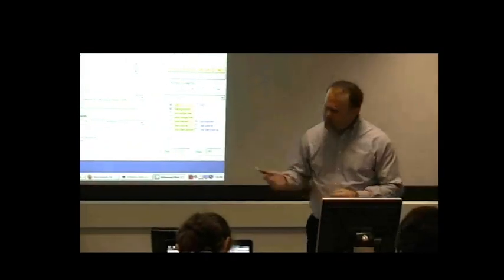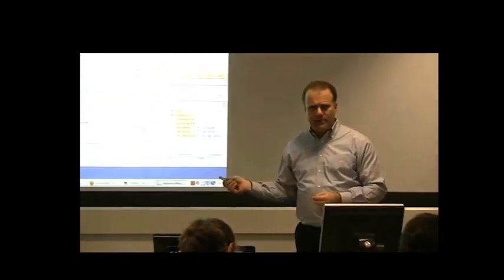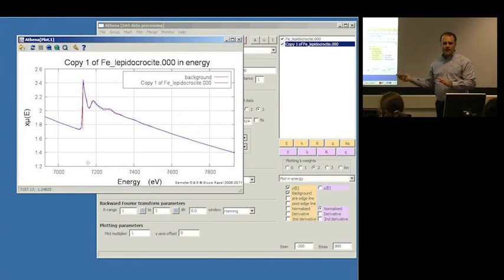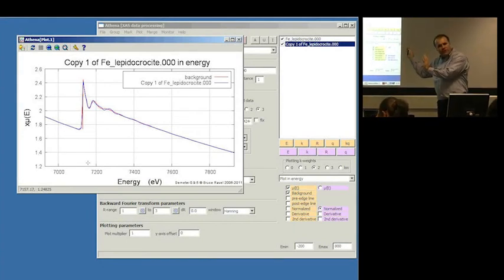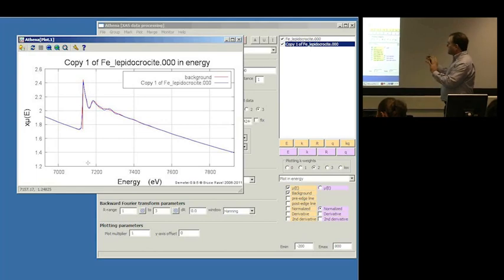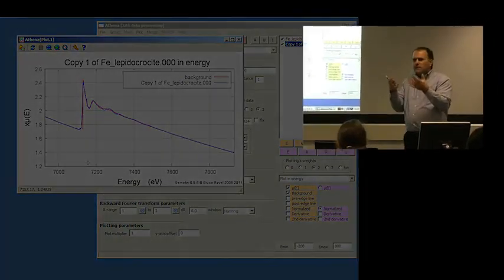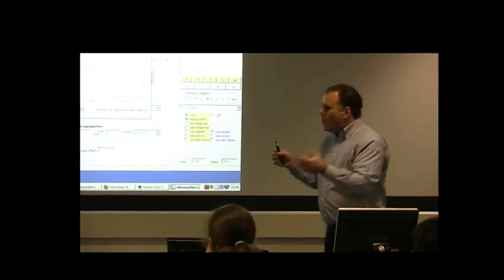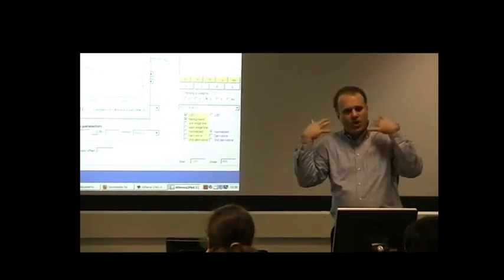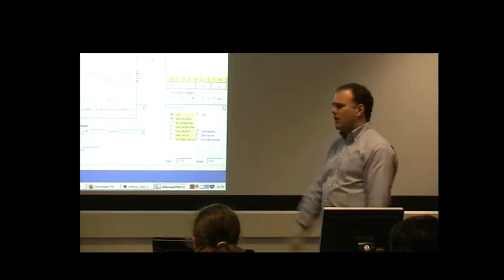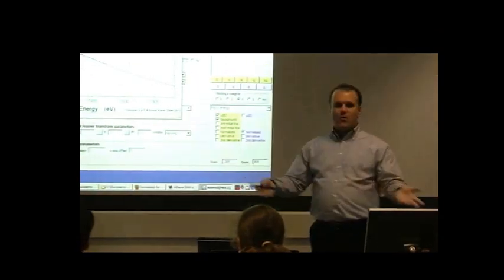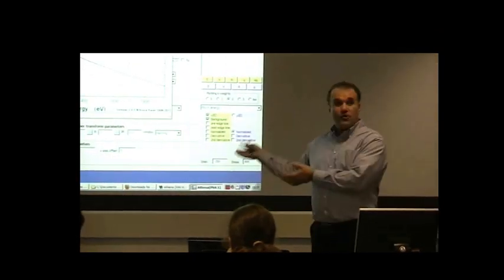Well, I'm afraid that at the level of Athena, where we're just processing mu of E data, nothing explicit about the data processing that we're doing right now has explicit knowledge about what the surrounding atoms are. That is, we're only dealing with the data and we're not thinking about modeling the structure. We don't have any more information than what I've shown you so far.